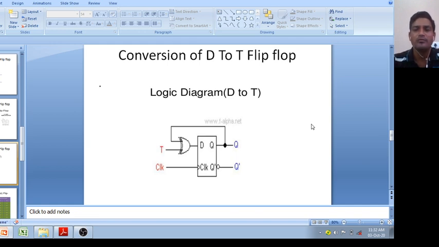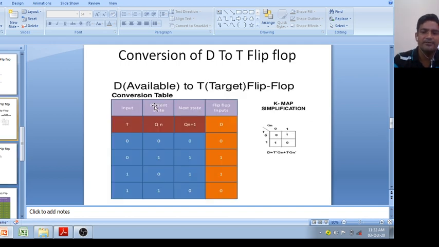Now you know, directly this is your table. Now just write down D here, Qn here, Qn plus 1, and T here. Again you can directly determine by the shortcut method.